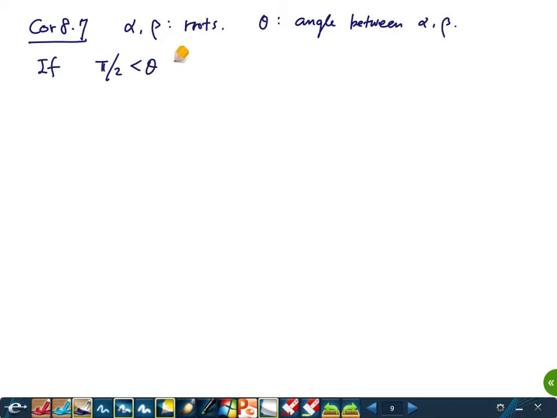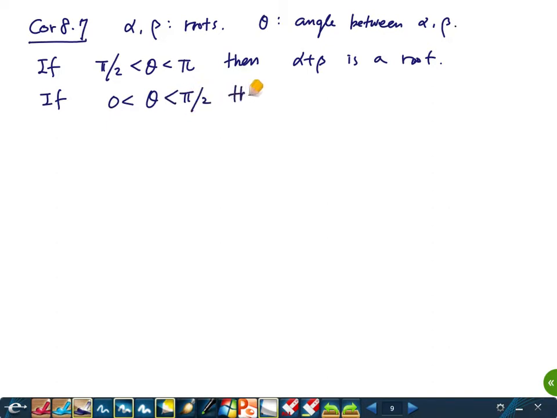If theta is strictly between pi over 2 and pi, an obtuse angle, then alpha plus beta must be a root. And if theta is between 0 and pi over 2, so an acute angle, then alpha minus beta and beta minus alpha both are roots.